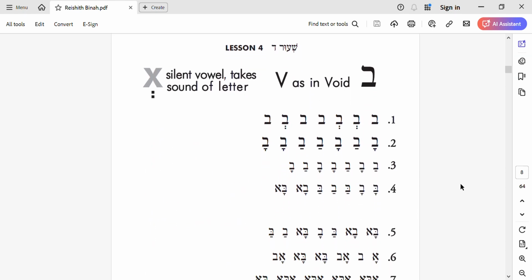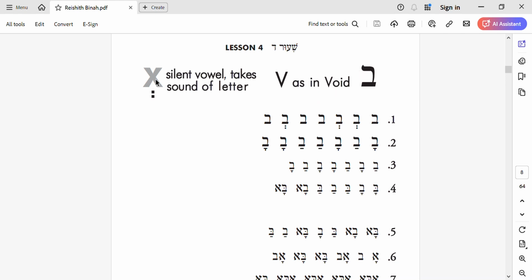And as we go along, the letters that we'll learn and the vowel points will help us to read more words, and as the vocabulary expands, there's going to be a lot more that we can do with it. So without the dagesh inside the bet, it looks like v as in void.